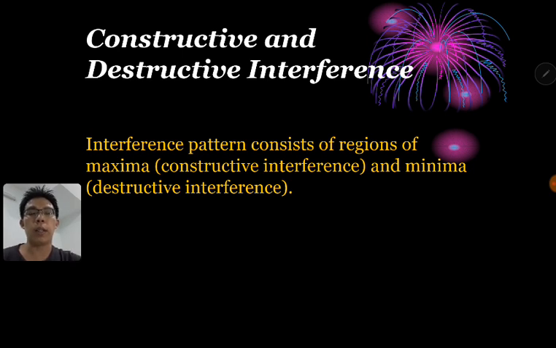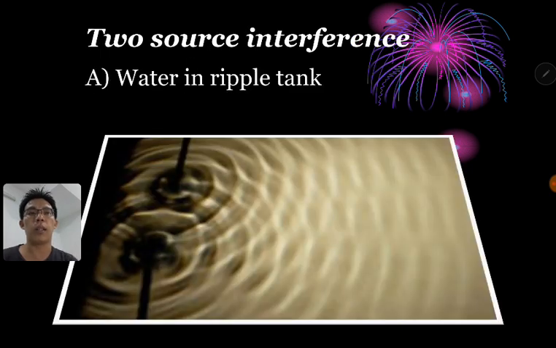Let's look at some examples where we can have an interference pattern. The first one is the two-source interference pattern that forms in a ripple tank, where there are two dippers in the water, and then you see this kind of pattern here. Later I'll show you the animation.